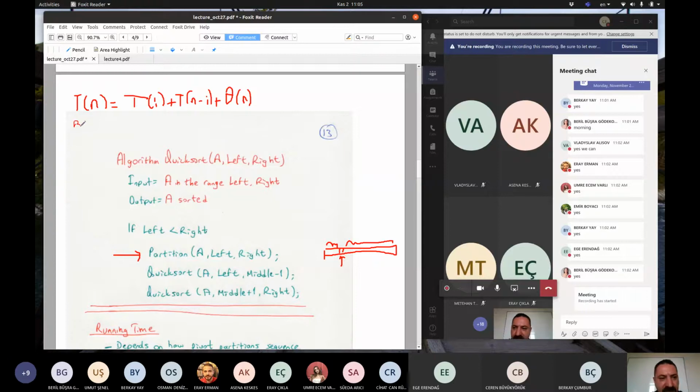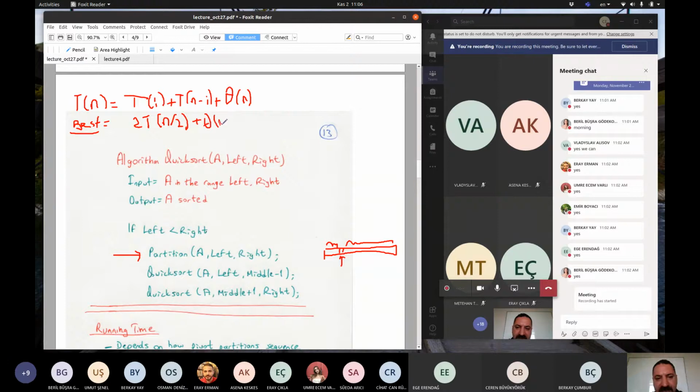So for the best case, i, the index where the pivot element ends up, will be almost in the middle of the array, which means that this will be T(n/2), this will be T(n/2), so we will have 2 times T(n/2) plus theta of n.